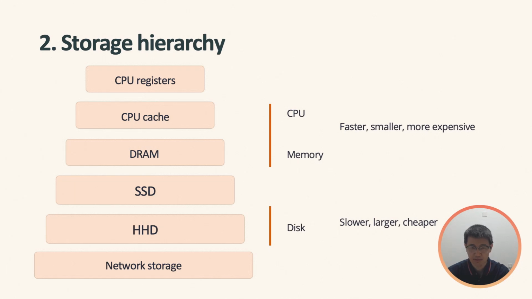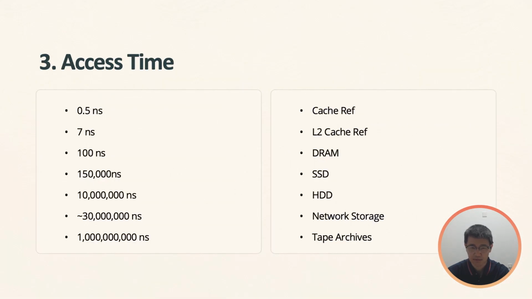Here is a comparison. If you open the cache in level 1 and level 2, it's about 0.5 nanoseconds and 7 nanoseconds. In DRAM, in memory, it's about 100 nanoseconds of access time.